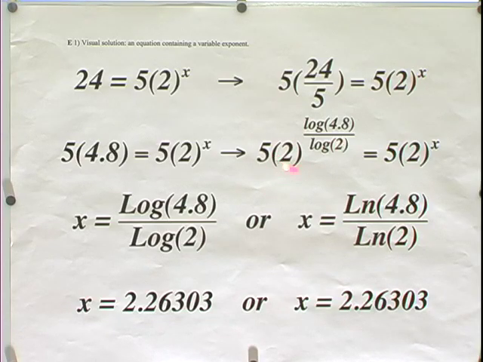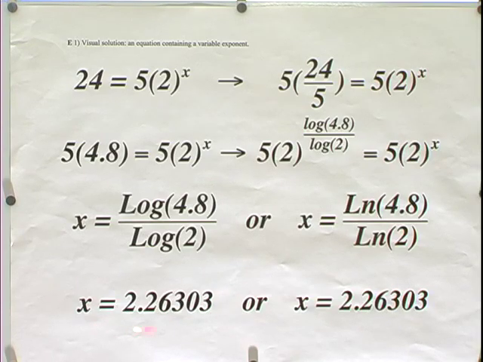So I have 5, everything matches. I get translational symmetry when I do that. So this exponent x must equal this exponent. I wrote it down here. These can be computed, and this is what you'll get, 2.263.